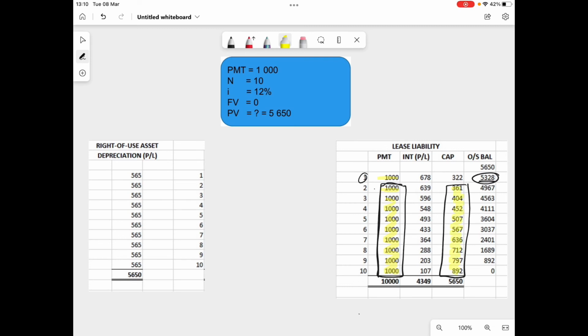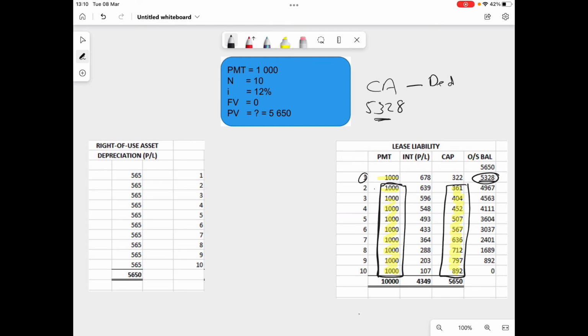So when we're now calculating the tax base for the lease liability, we have to say the carrying amount of the lease liability, which will be 5328, less the amount that will be deductible in future with regard to this liability of 5328.